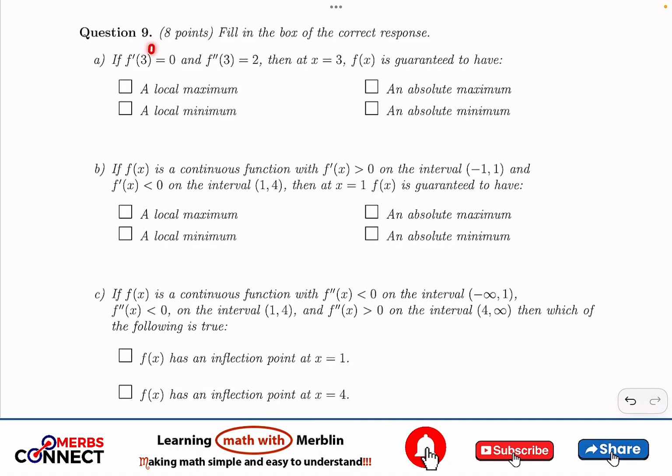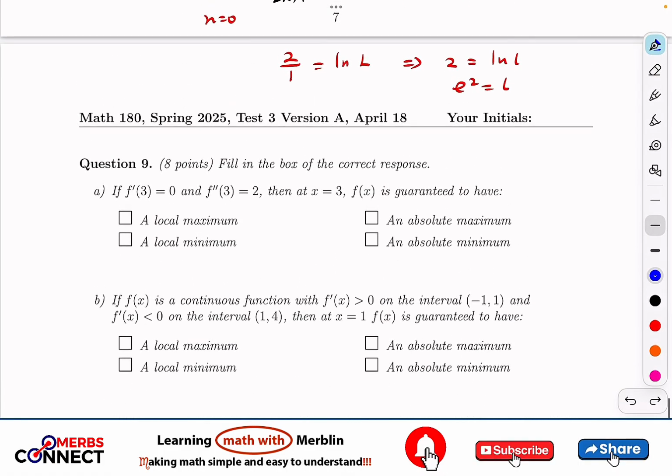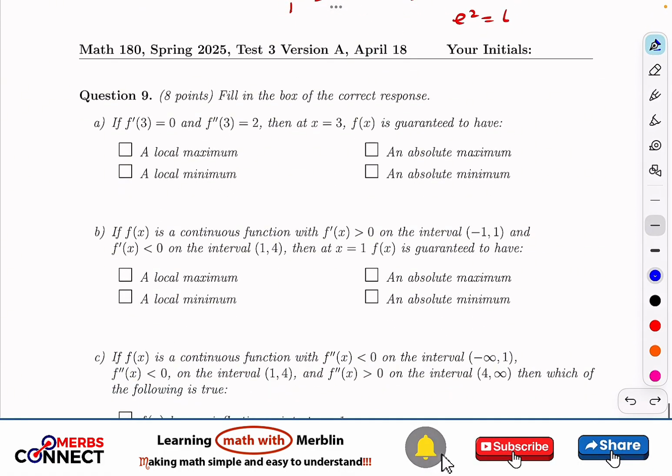Now, if f prime of 3 is equal to 0 and f double prime is equal to 2, then at x, f is guaranteed to have what? Anytime we have this be 0, for example, if we have our sign chart and we are picking a value, let me put it here.